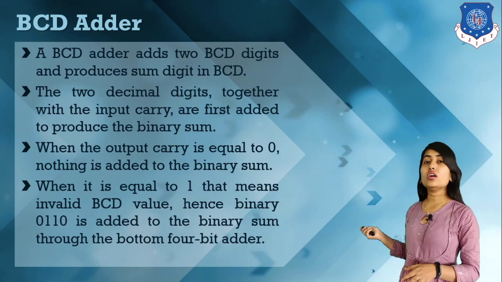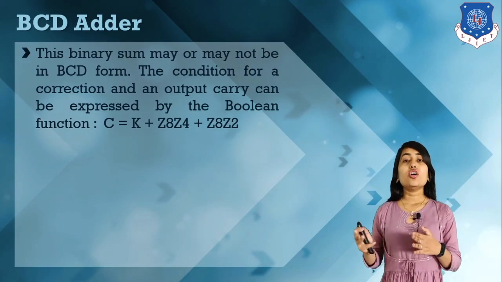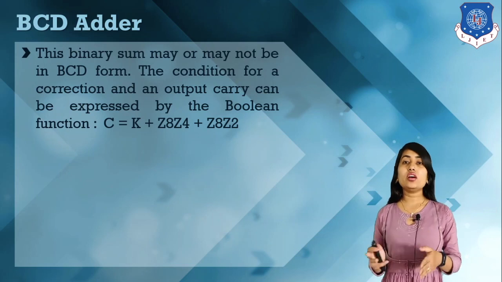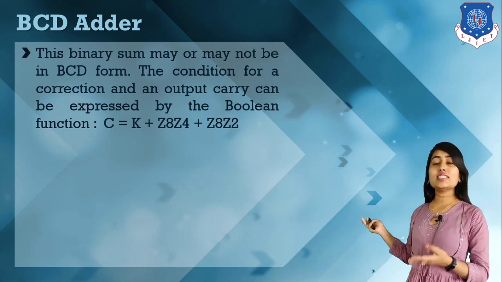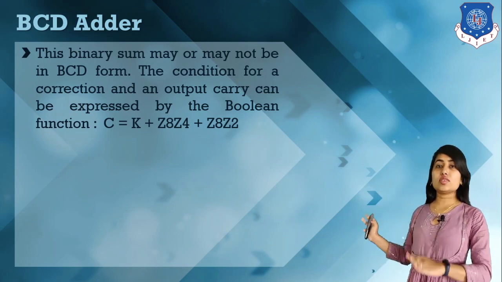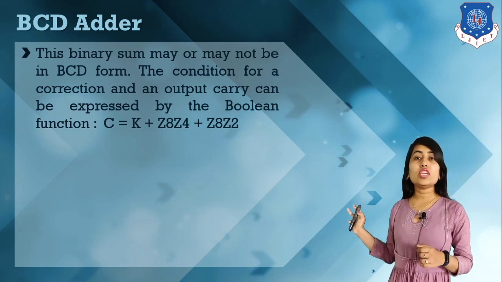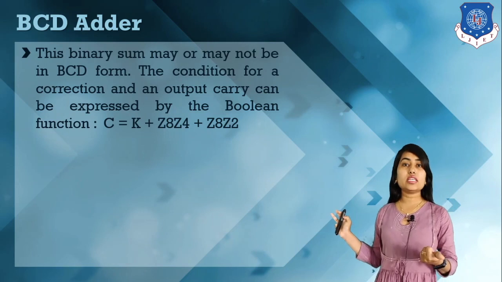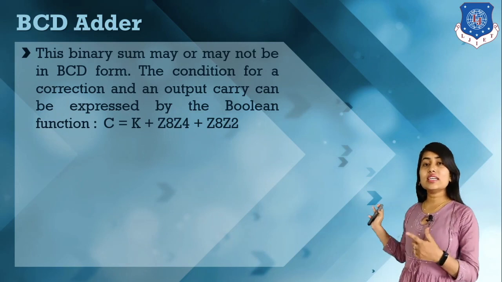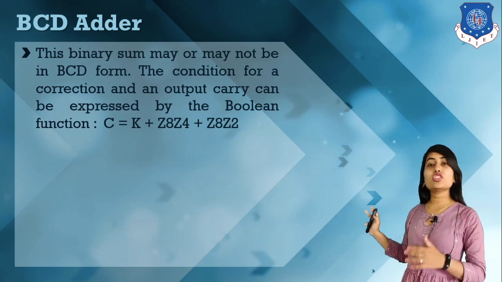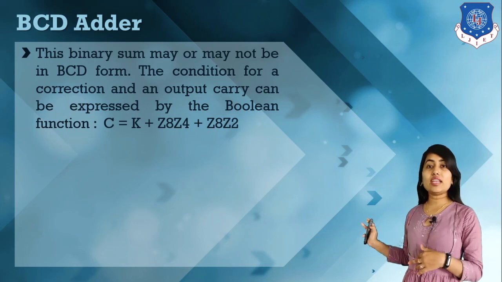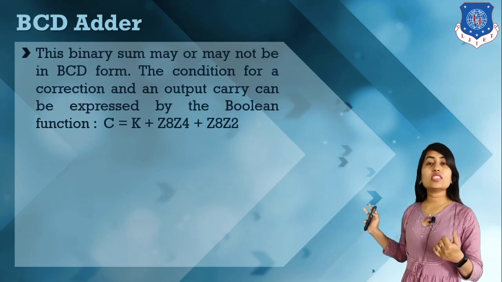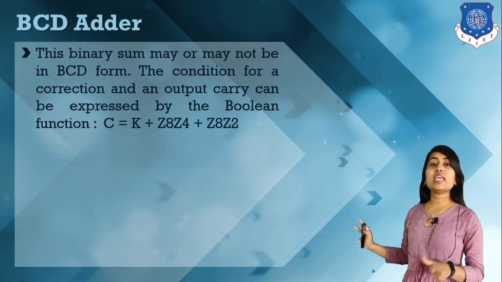Here we have a condition for considering the addition of 6. Whenever an invalid BCD occurs, if this C is equal to 1, that means we have an invalid BCD, and if C is equal to 0, that means we have a valid BCD.